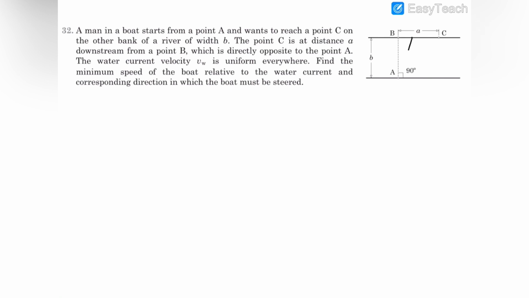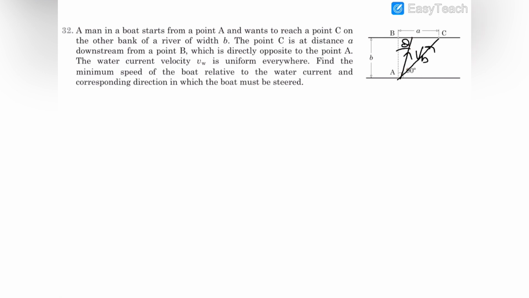So let us suppose that he is trying to move at an angle of theta here, and then due to the drift of the river he reaches this point C. So this is the actual path and this is the path on which he is trying to move, or I can say that this is the path relative to the ground and this is the path relative to the river.